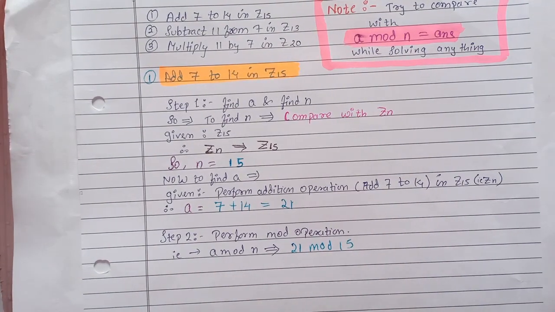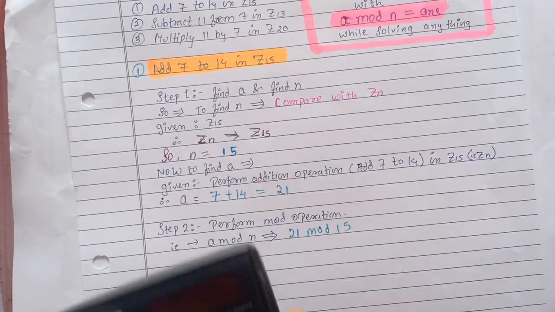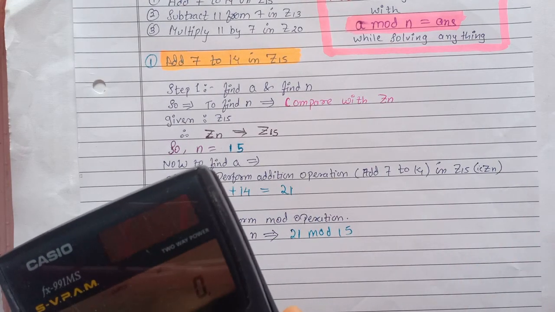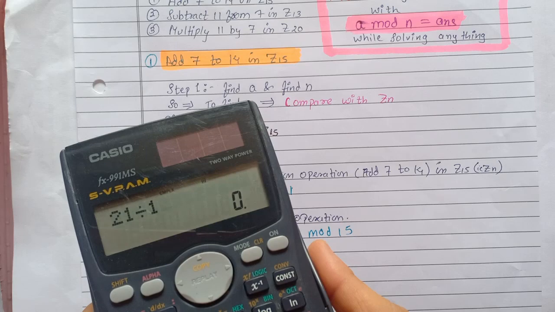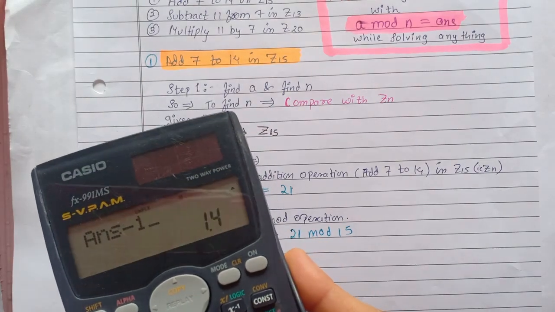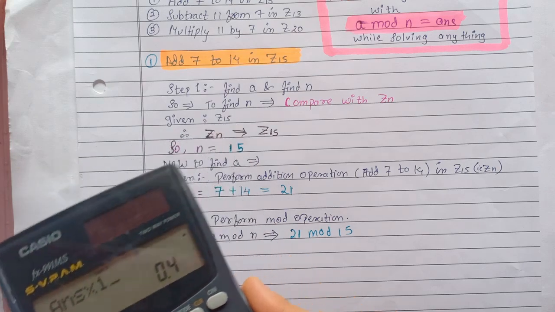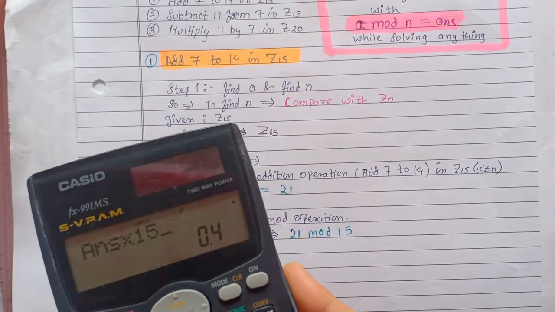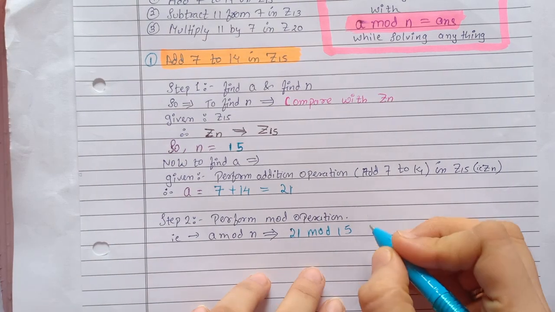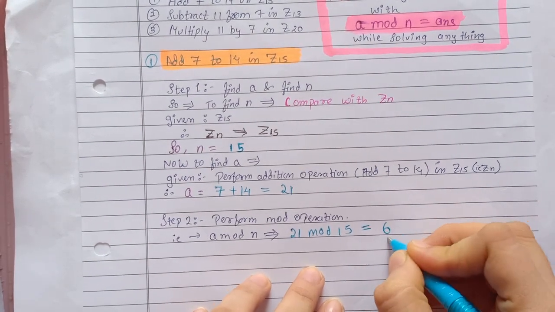We can calculate 21 minus 1 times 15, the way we always calculate it. So the answer is 6.